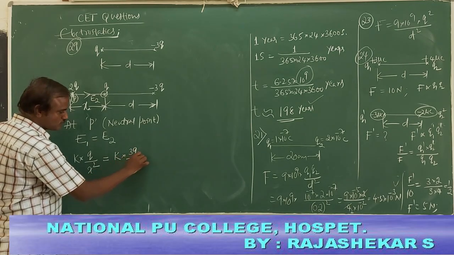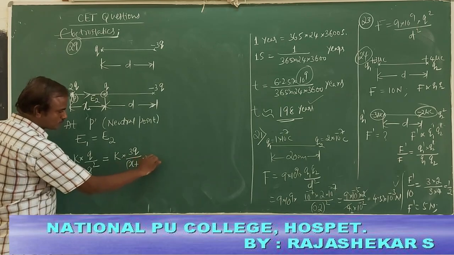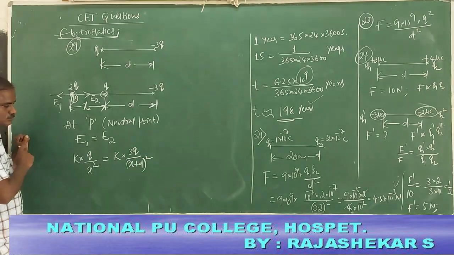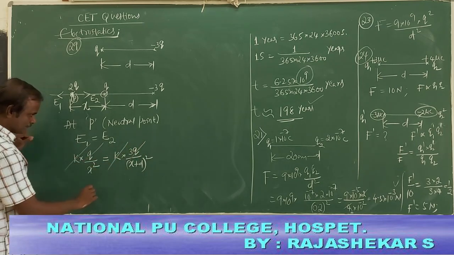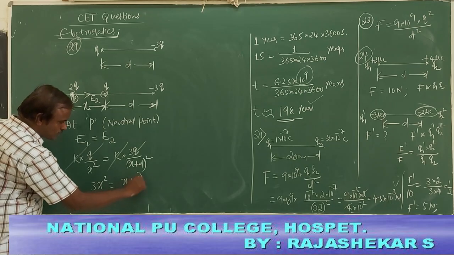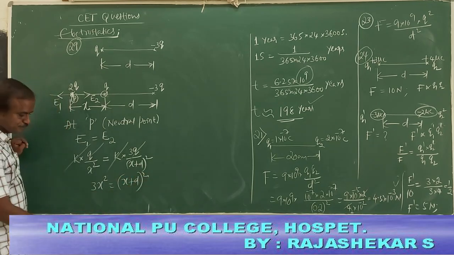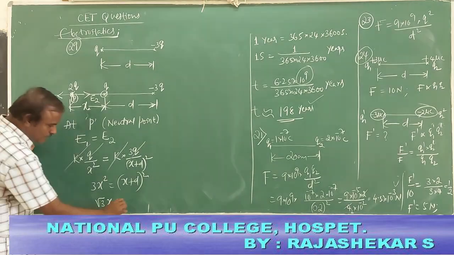E2 is K into 3Q magnitude divided by this distance, X plus D whole square. K cancels, Q cancels, you are left with 3x square is equal to X plus D whole square, friends, or taking roots on both sides, root 3 x will be X plus D.